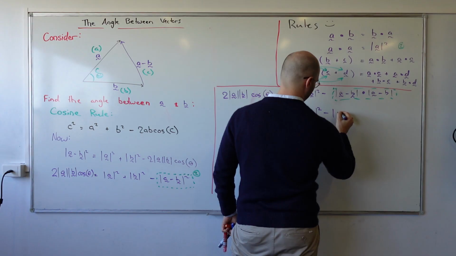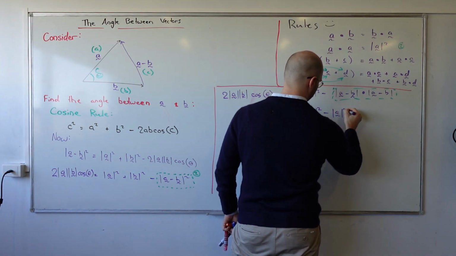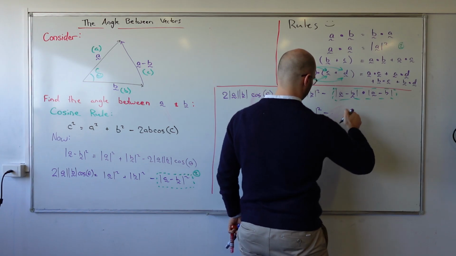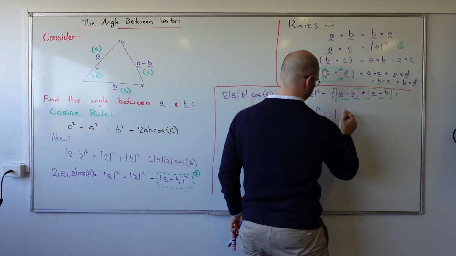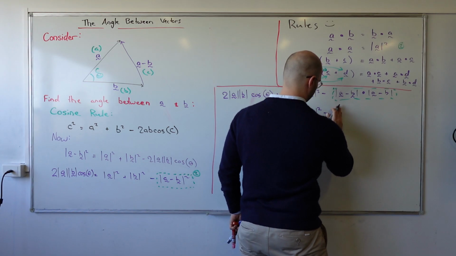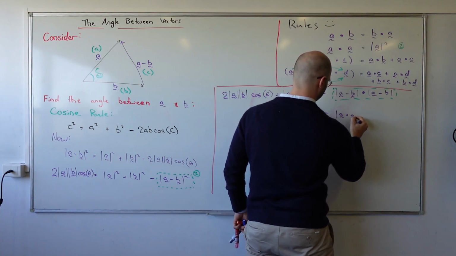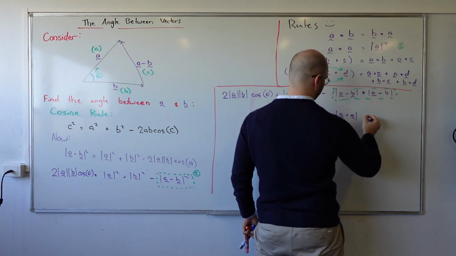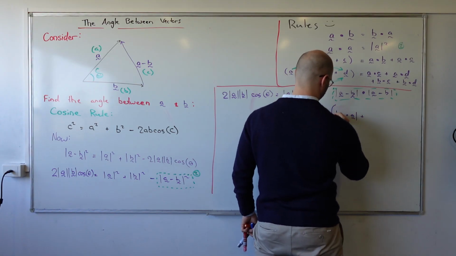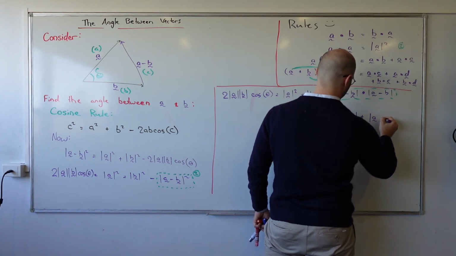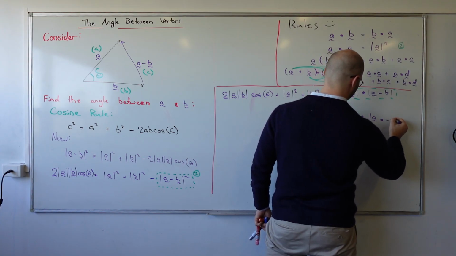So expanding this out and remembering to keep the negative sign, it's going to be a dot a. Then we're going to get a dot negative b.